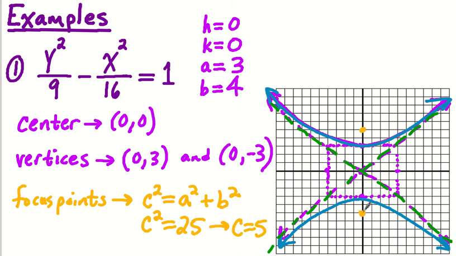The bottom line here is my one focus point is going to be (0, 5), and my other focus point is going to be (0, -5). So I might also ask you for that.